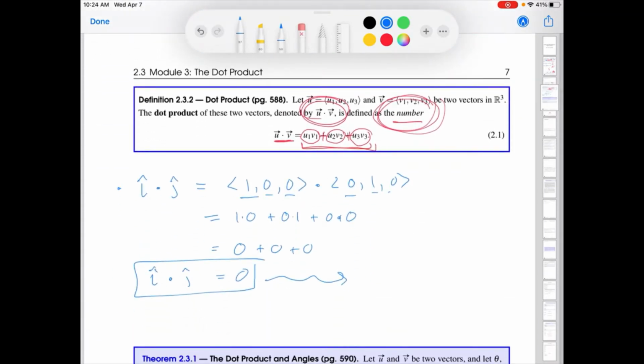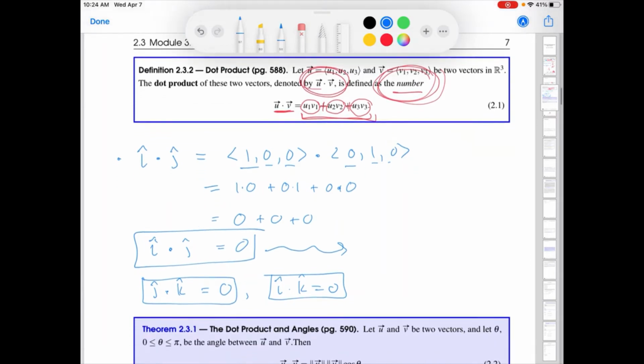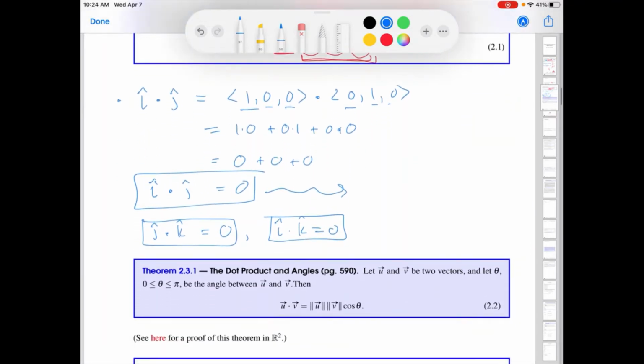So, if we calculated the dot product of j hat with k hat, we would also get 0. If we calculated the dot product of i hat with k hat, we would also get 0. So, perhaps getting 0 for the dot product has something to do with orthogonality, is what I'm trying to convince you of. And that is indeed what turns out to be the case.